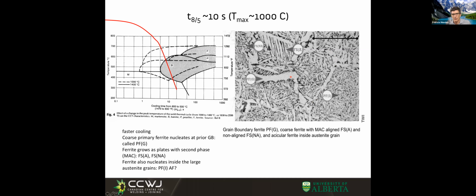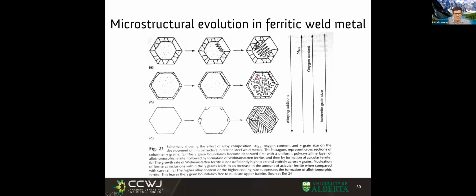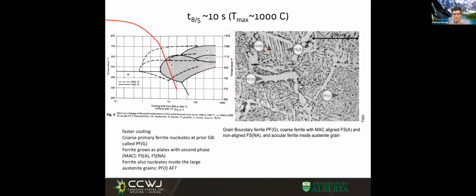But let's compare this slide here, this ferrite in the grain boundary. This is the ferrite they are talking about, this ferrite around here. And you see this Widmanstätten ferrite? You see this Widmanstätten ferrite there? You see it here, how it grows.